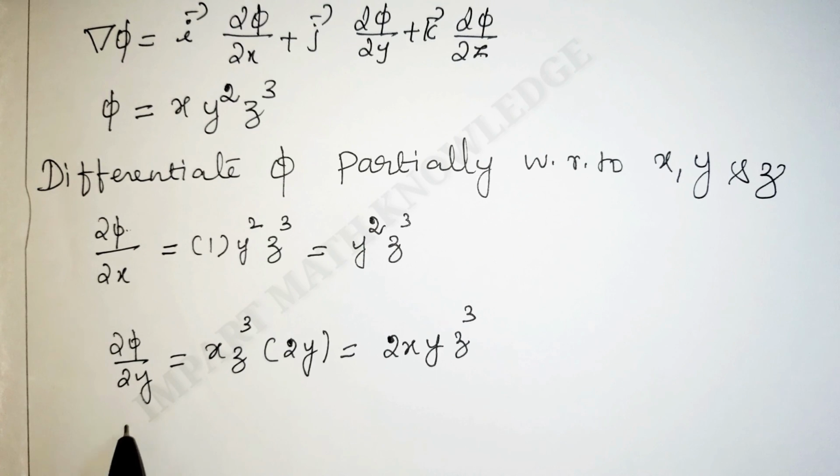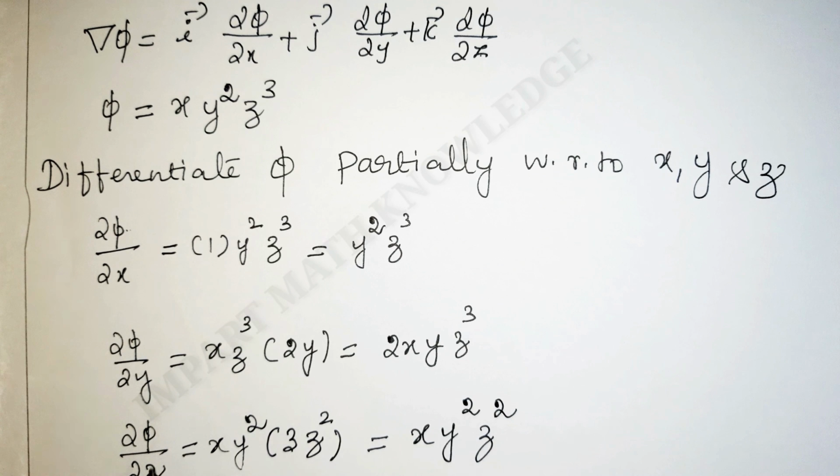The next one, dou phi by dou z. You have to differentiate phi partially with respect to z. You write x and y square as it is and you differentiate z cube. Differentiation of z cube is 3z square. So dou phi by dou z is 3x y square z square.